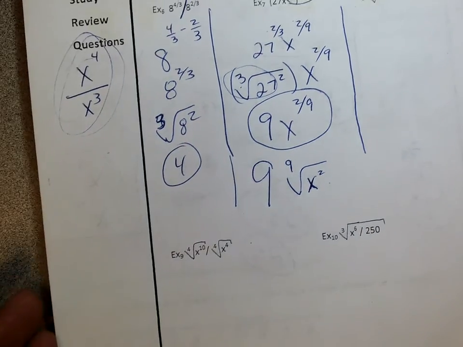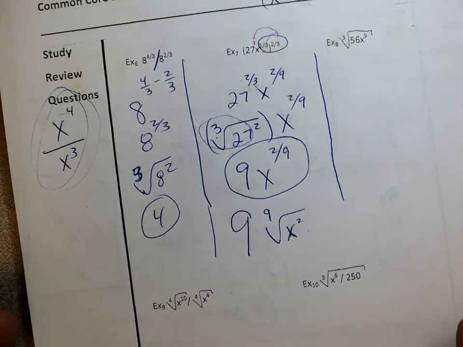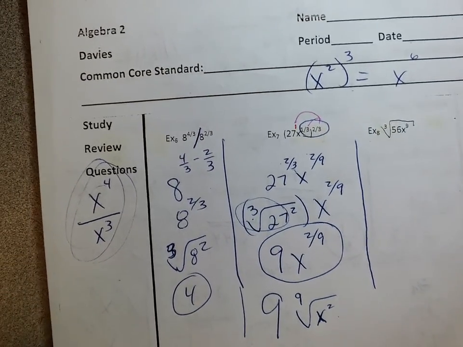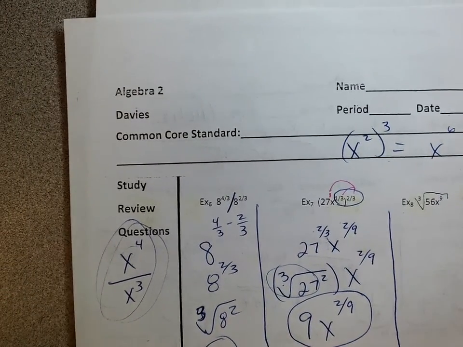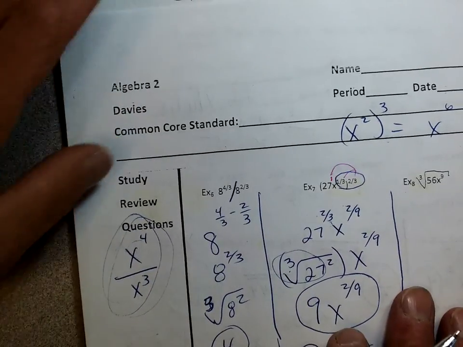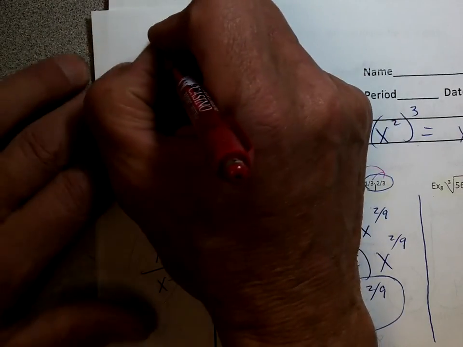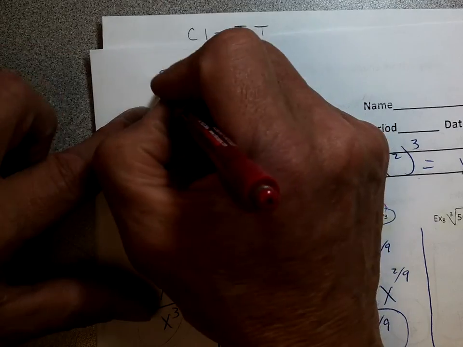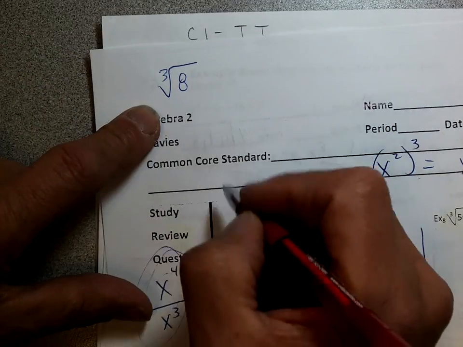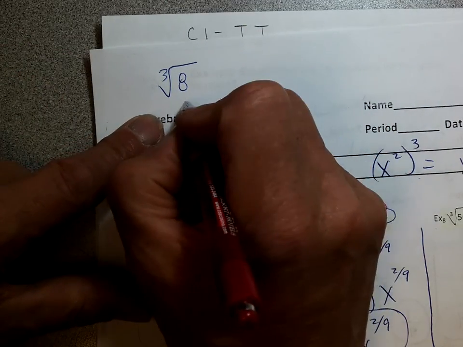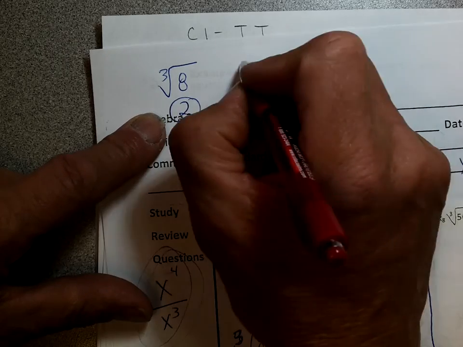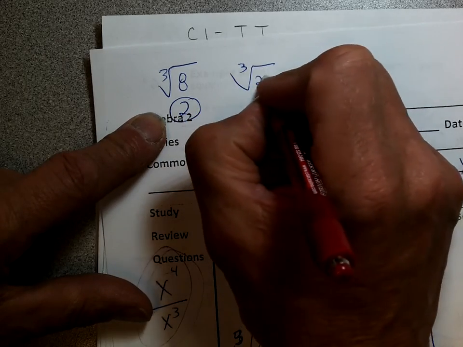Number 8. Real quickly, can I slide the paper up, way up? Okay. Let's put some special things up here. We have cube root of 8 is what? 2. Cube root of 27 is what?